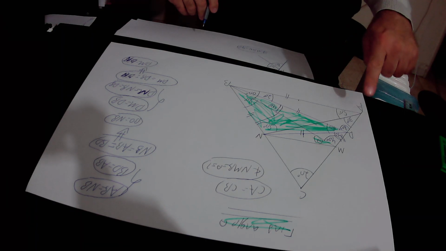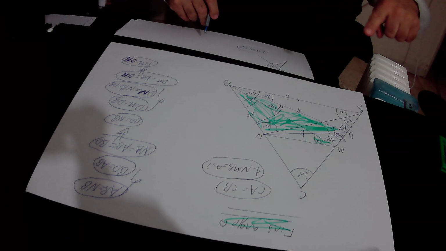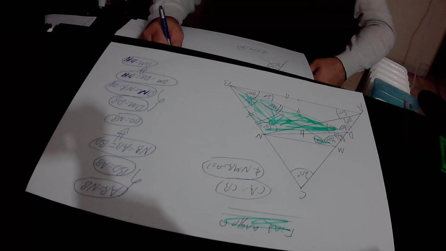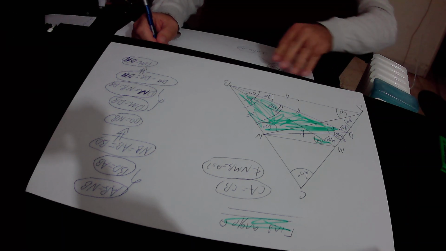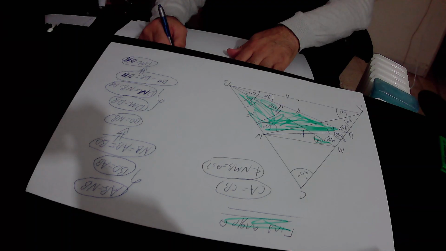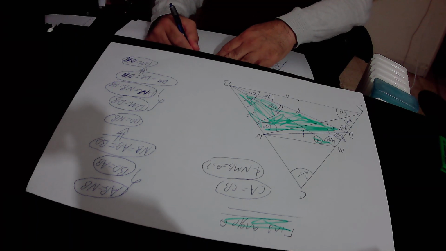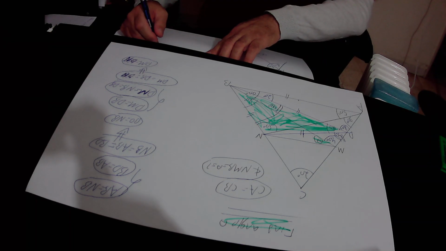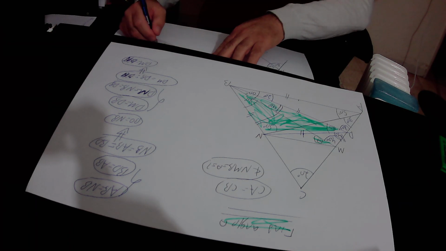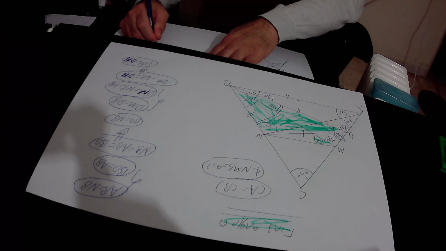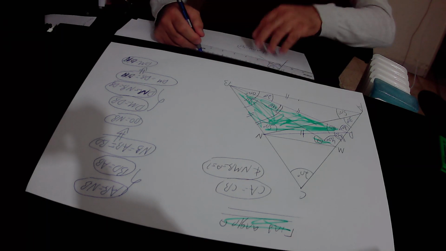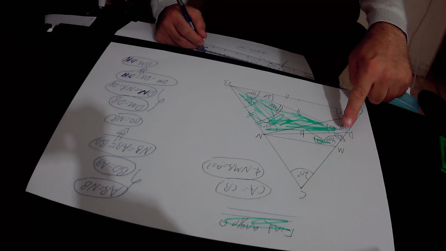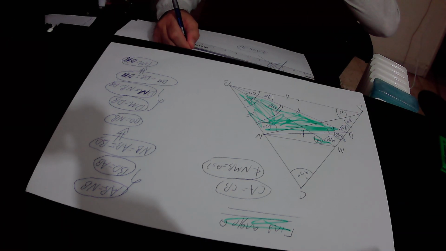In the next step, we focus on triangle MDN, so I copy triangle MDN in a new page and we will analyze it. We just found out that angle MDN equals 40 degrees in its size.